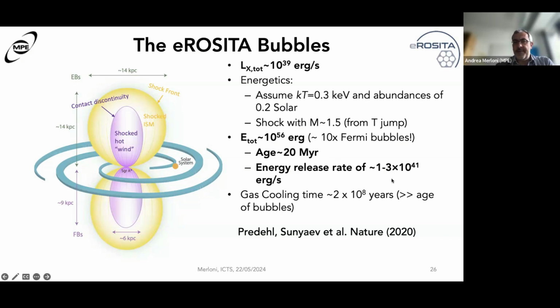Put together, this gives an energy release rate of about a few times 10^41 ergs per second that must have happened probably at the galactic center a few tens of million years ago. This is difficult to do for a supernova-driven or starburst-driven event, but not impossible. So it's still not exactly clear what is the prime origin of this energetic event at the galactic center, but probably some past AGN activity would be most favored.